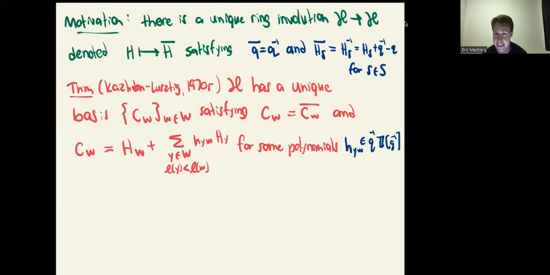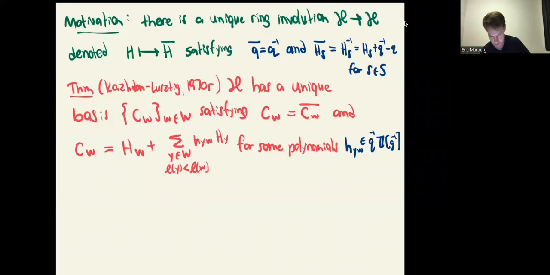And then the existence is secretly kind of just given for free. So the conditions that govern this basis tell you an inductive way of constructing it if you want to.